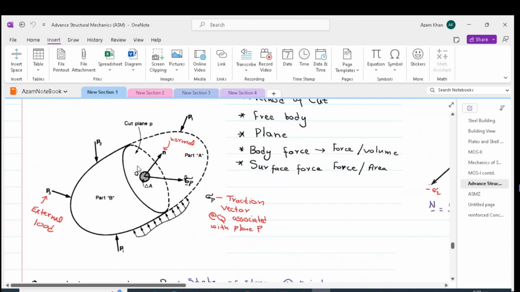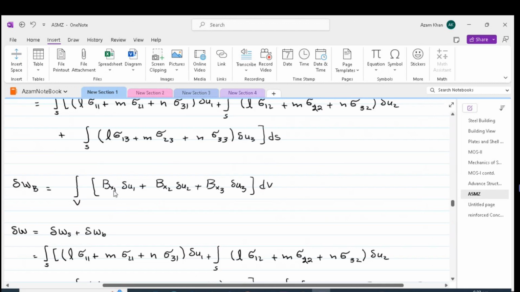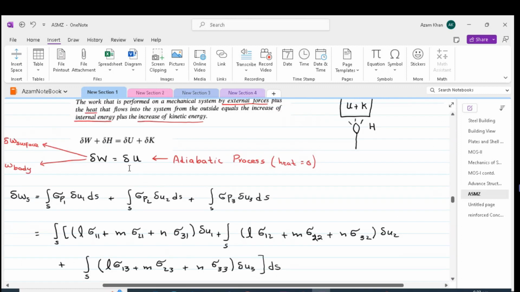The surface forces are represented by stress distribution on the surface, whereas the body forces are represented by distribution of body force per unit volume. Body force would have three components: bx1, bx2, and bx3 within the volume V. So coming back to our equation, we have the variation in the external work equal to the variation in the internal energy.